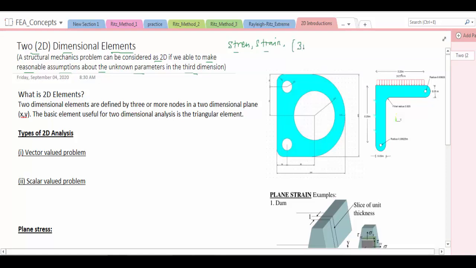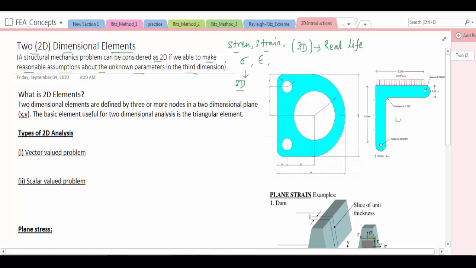Let us assume that in real life all problems are three-dimensional, right? Suppose in this three-dimensional problem, if we can make a suitable assumption about the unknown parameter, that may be a stress or a strain in the third dimension, then we can go with a 2D analysis.